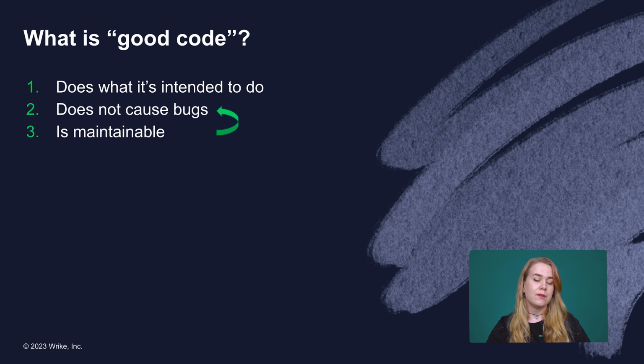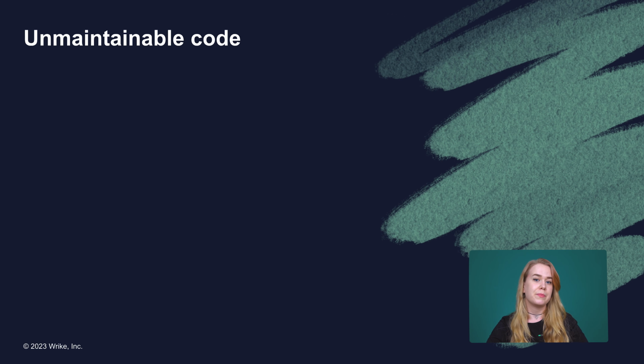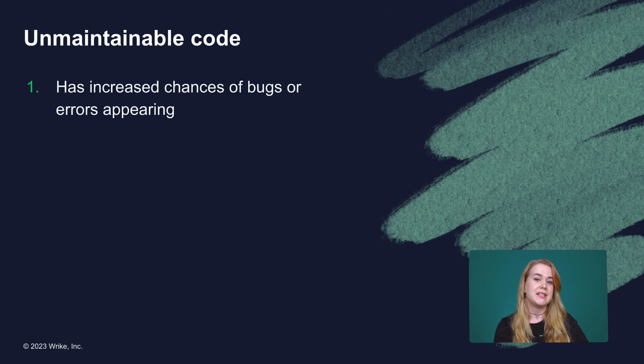It will be hard for you to write proper unit tests for it. It will be easy not to notice some logic mistakes during code review. And if you were to make changes to it, you risk potentially breaking some logic because there's a lot of it in this function. Apart from potentially causing bugs, unmaintainable code makes other people suffer.